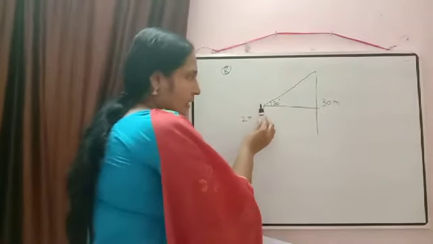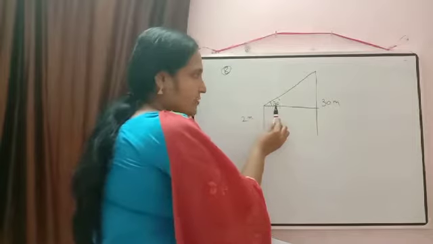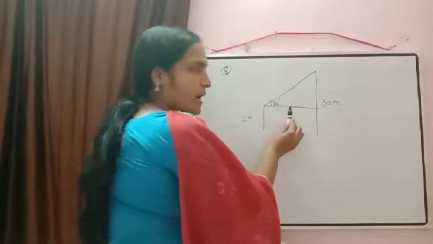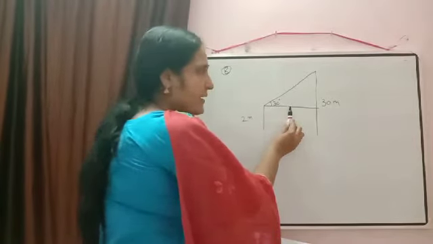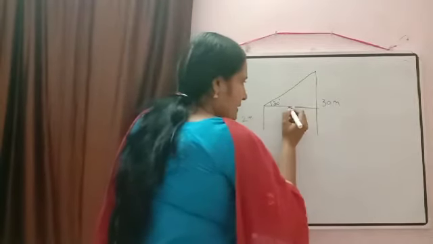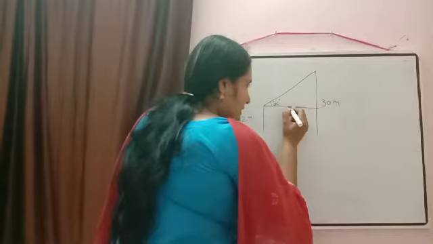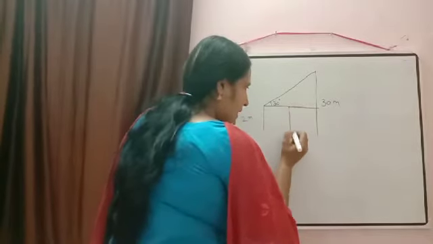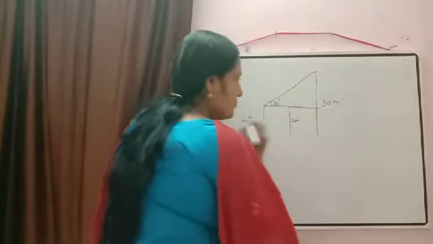Now, when the boy is moving towards the building, after some time, angle of elevation will change there. So suppose at some point he reaches this point there. Again, this height is same, 2 meter only.